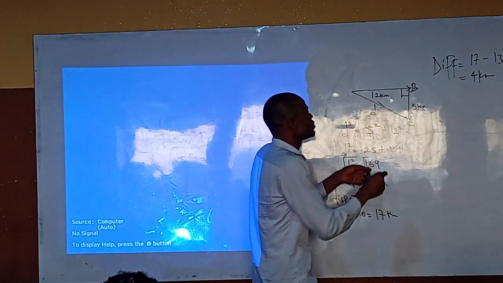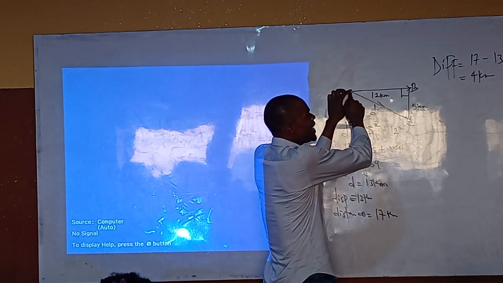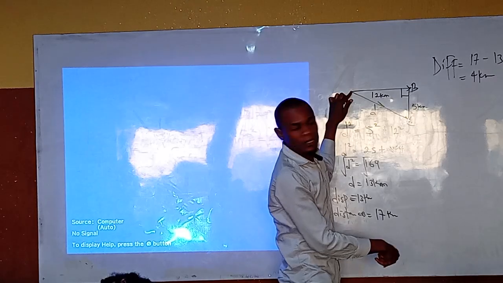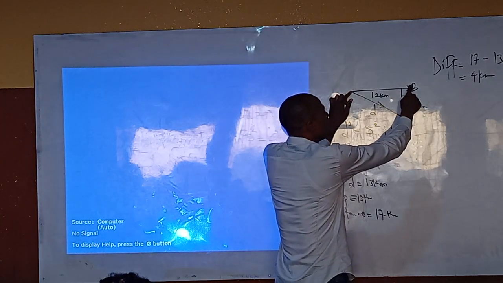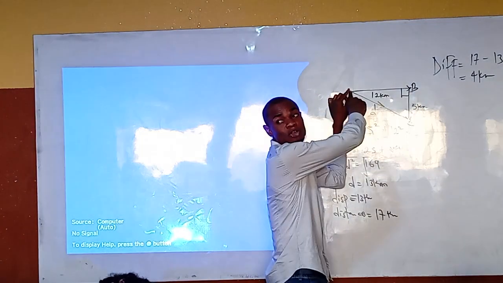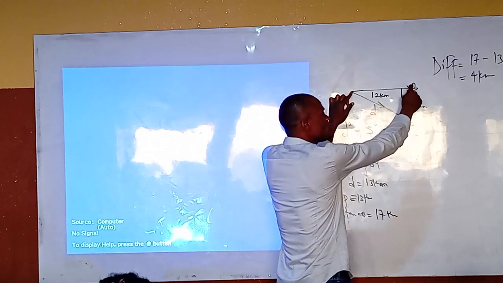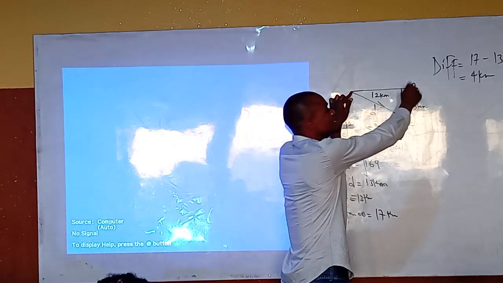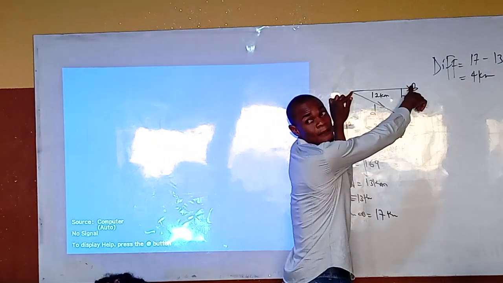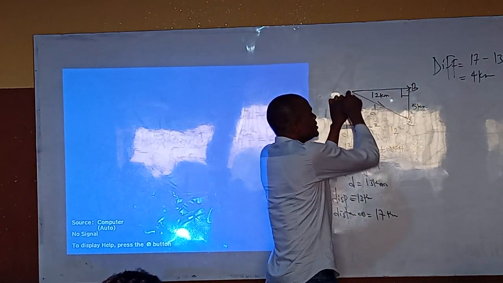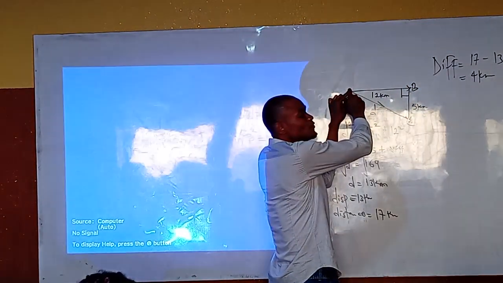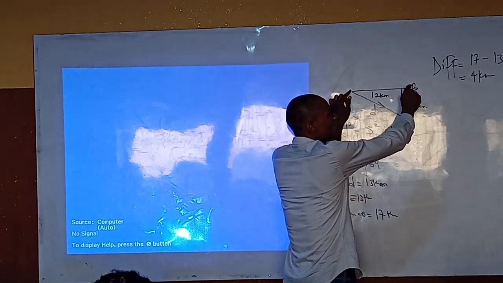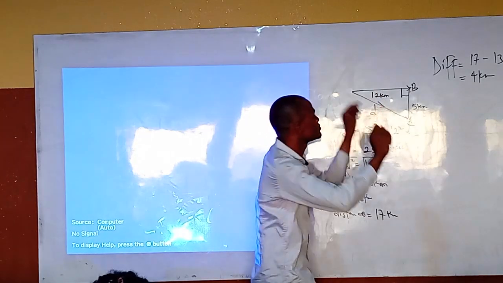The one that is not a resultant, we start from the beginning of one and end at the beginning of another vector. What is the beginning of this vector? This is the beginning, right? This vector is ending here. Where is the beginning of this vector? Here, right? It's starting from here. So it starts from the beginning of one vector and ends at the beginning of another vector. So it's not a resultant.